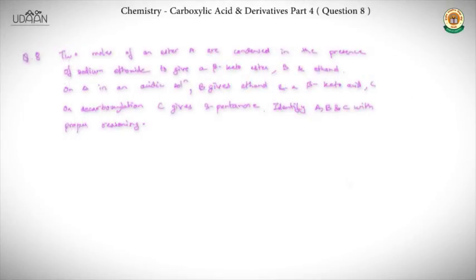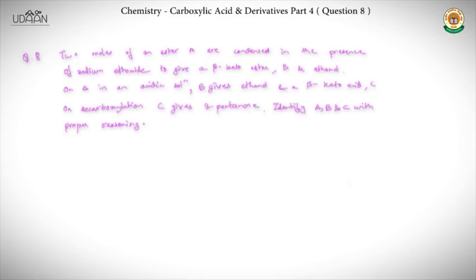Now let us start with question number 8 and see how to solve it. We are given 2 moles of an ester A are condensed in the presence of sodium ethoxide to give a beta keto ester B and ethanol. On heating in acidic solution, B gives ethanol and a beta keto acid C, which on decarboxylation gives us 3-pentanone.